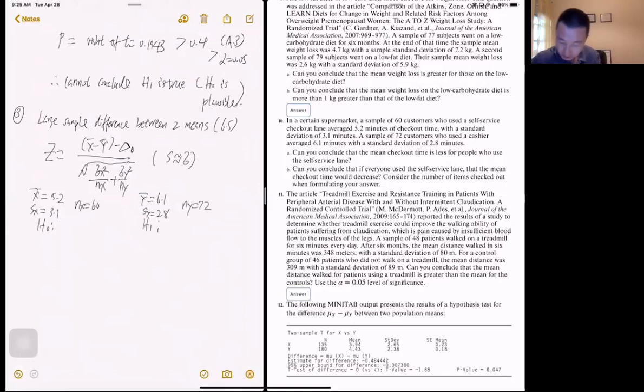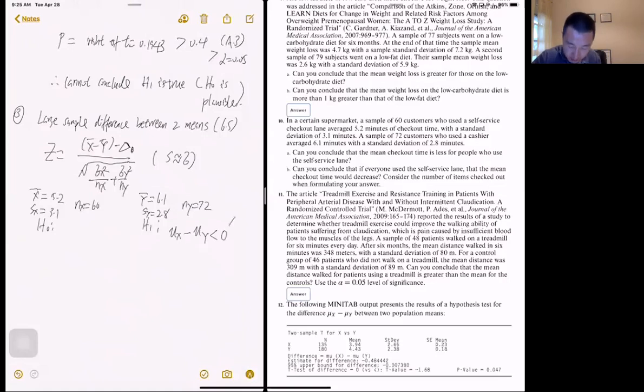Can you conclude that the mean checkout time is less for people using self-service? This tells us H1 is the mean value for X, self-service, minus the mean value for cashier, less than 0.